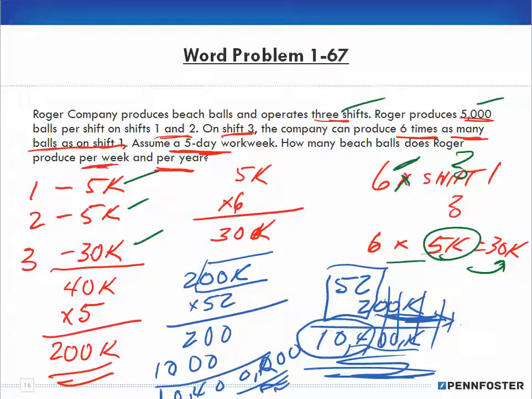So 5,000, 5,000, and 30,000 is 40,000. The question is asking about a 5-day work week. So we multiply by 5 to find out that we get 200,000 in a week. And the question is asking us how many per year. So that's 200,000 times 52, which ends up being 10,400,000.